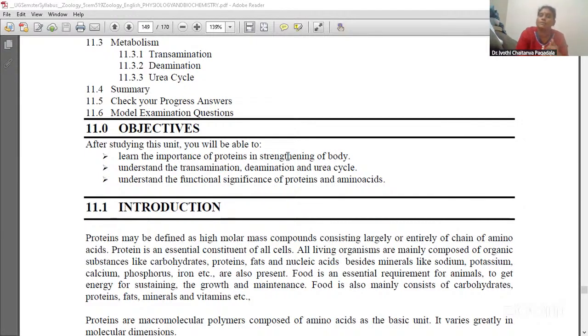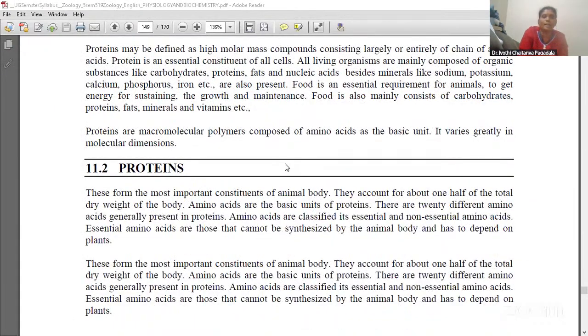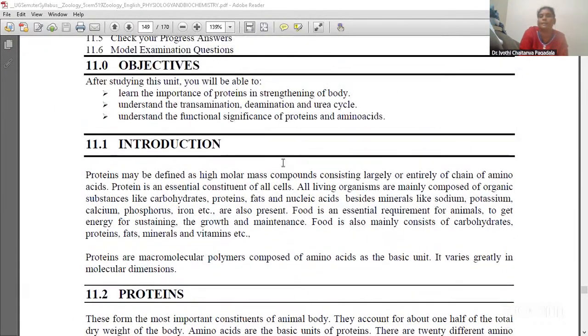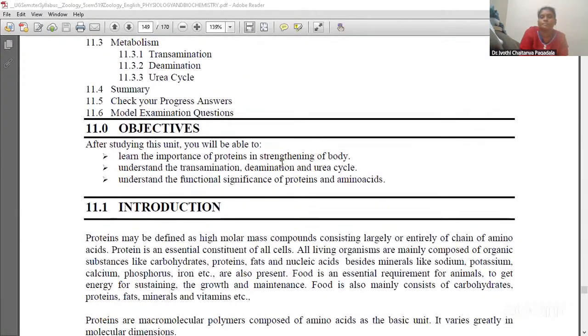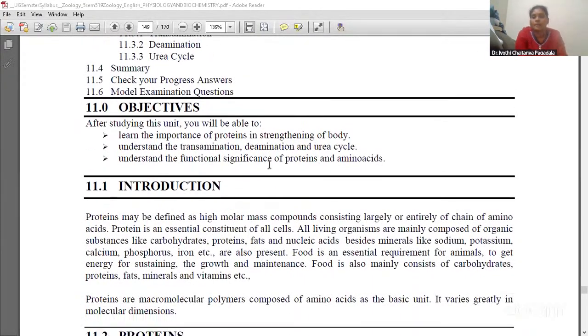Here, most of the cellular components or cells are composed of protein. All living organisms are mainly composed of organic substances, as we just discussed, like protein and amino acids and fats.